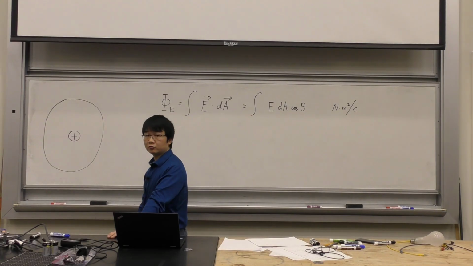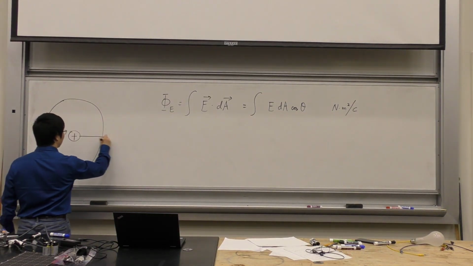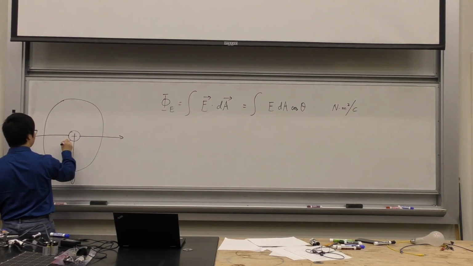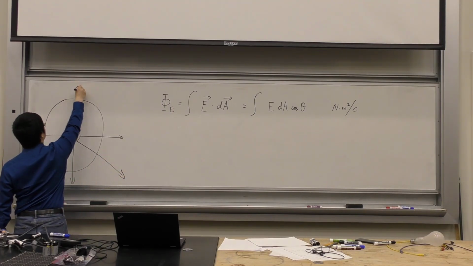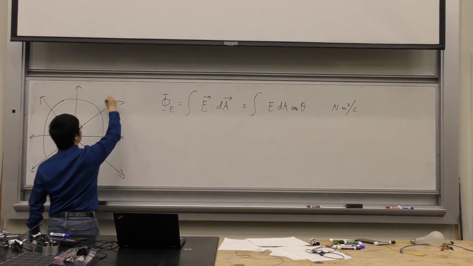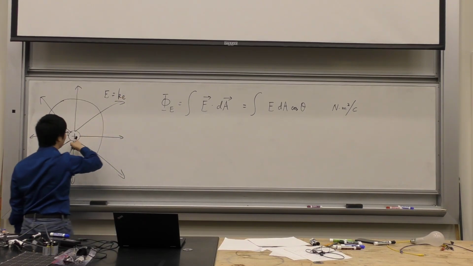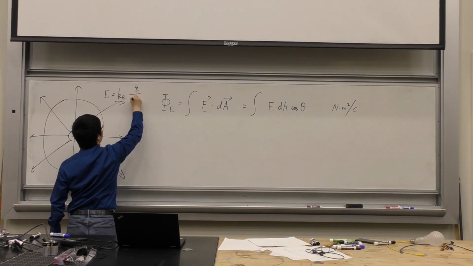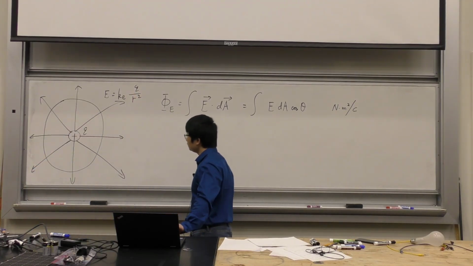Where does this electric flux come from? Well, this charge has the electric field, and we know how to draw the electric field created by this positive charge: radially outward, away from the charge. The magnitude of this electric field is Q over R squared, with the Coulomb constant, and it's positive, so I don't need an absolute value sign.